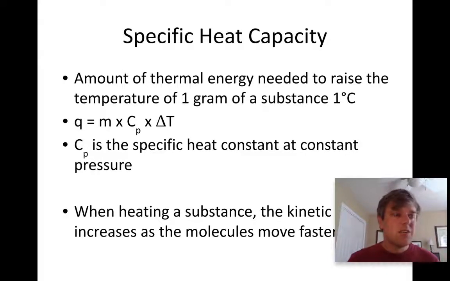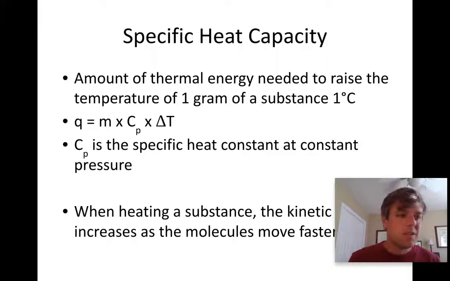If you put an empty metal pot on the stove and turn the burner on high, it won't take but a few seconds before that burner is really hot. But if you have water in the pan on the stove, it's going to take forever for that water to heat up. But the pan itself will heat up really quickly because metal has a fairly low specific heat. Water has a very high specific heat.